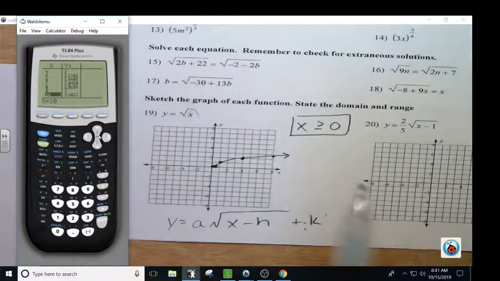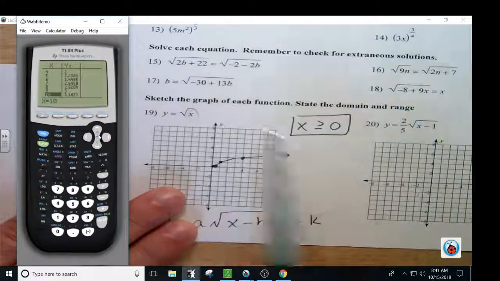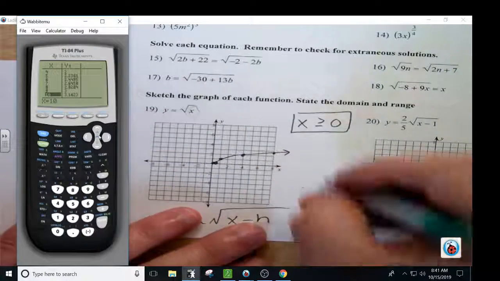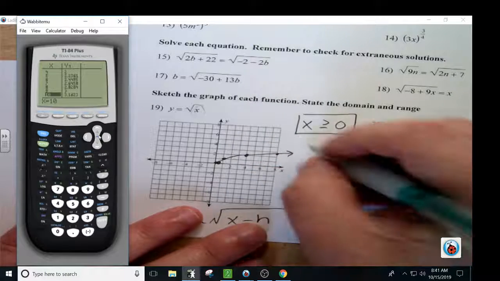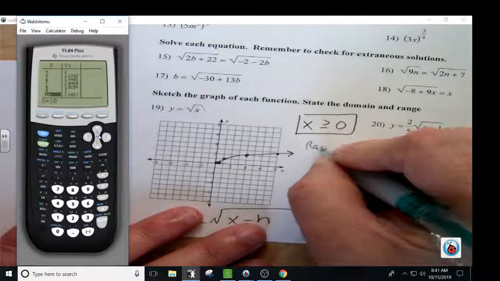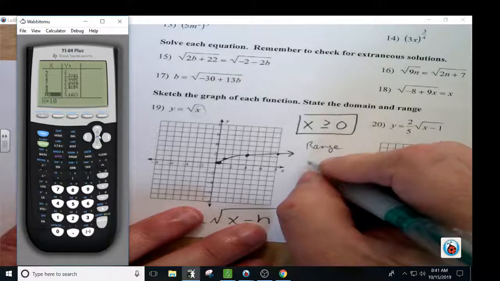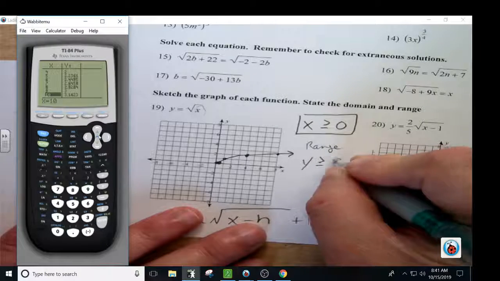I don't have a constant out here, so I don't have a k value. If there's no k value, guys, this thing opens up. Notice it's going up from left to right. So that's going to be my range: y values greater than or equal to 0.